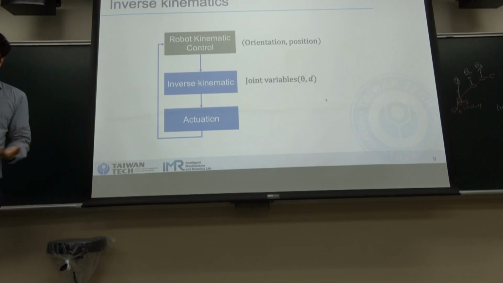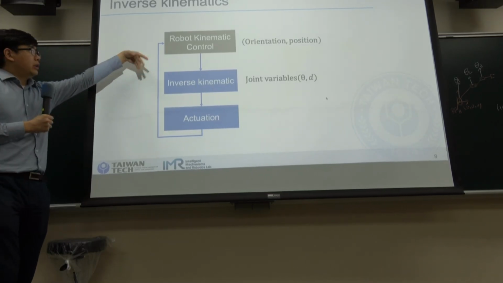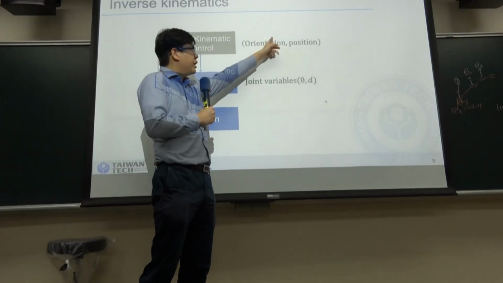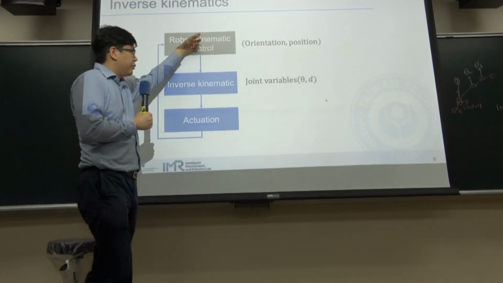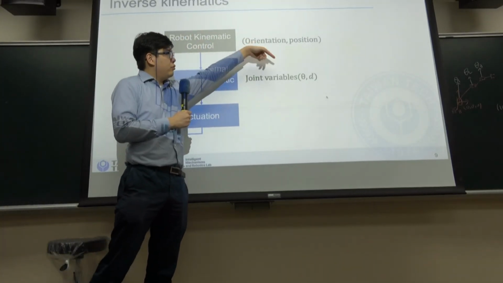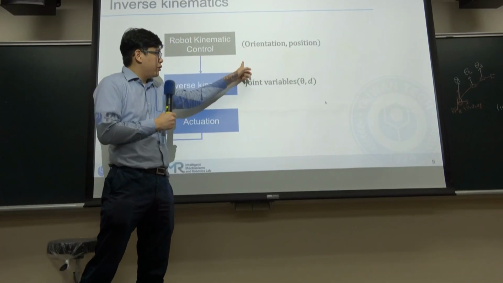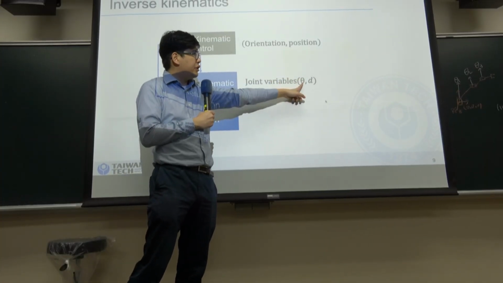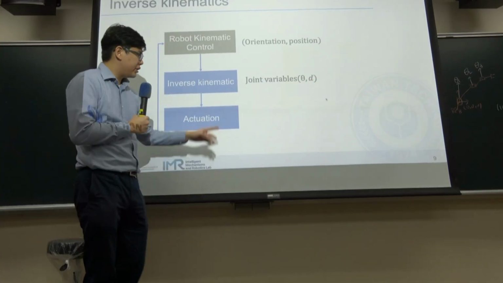So in our controllers, normally in robot kinematic control, we have an aiming orientation and position. Through the inverse kinematics, we transfer this orientation and position to the joint variables, such as theta for the revolute joint and d for the prismatic joint.